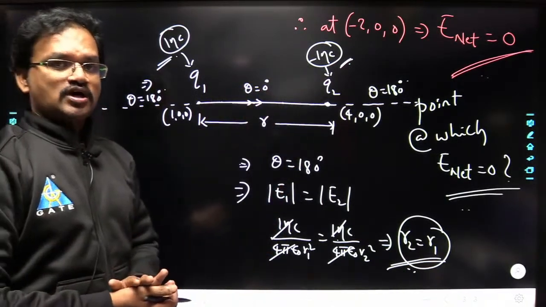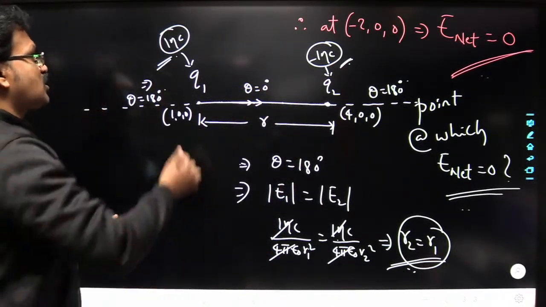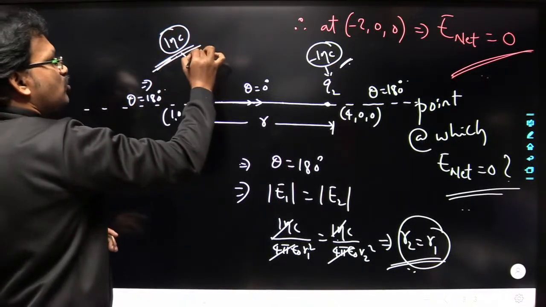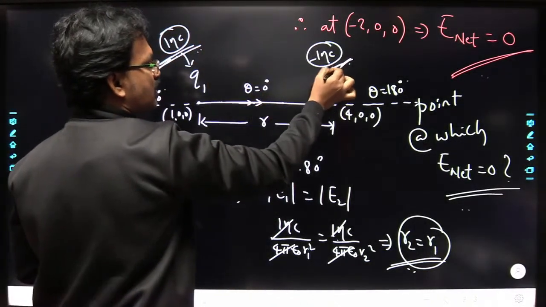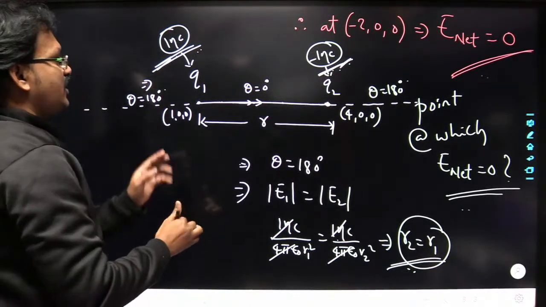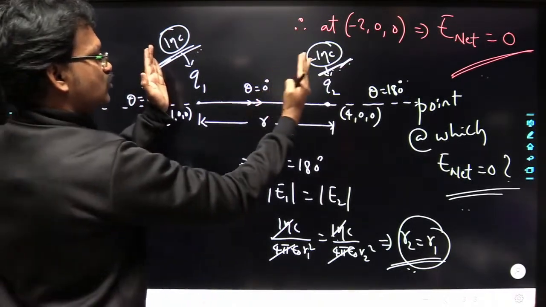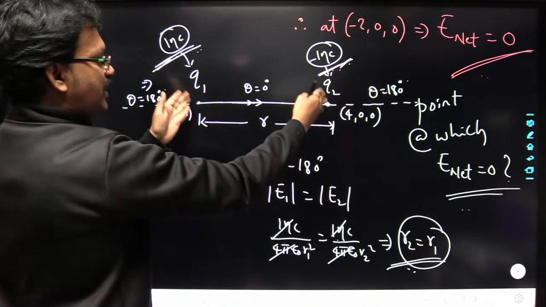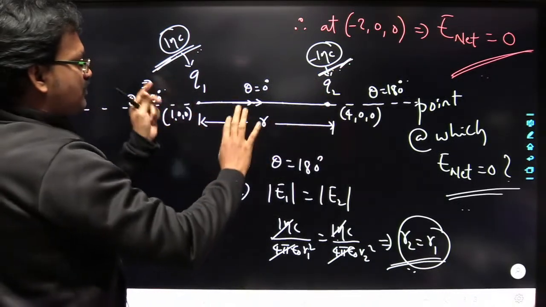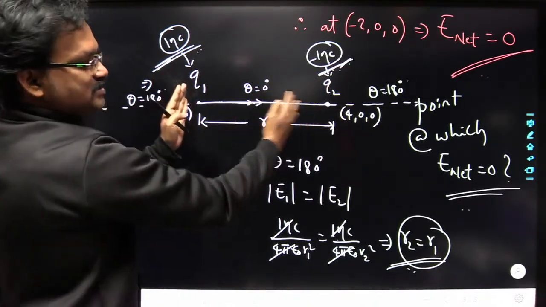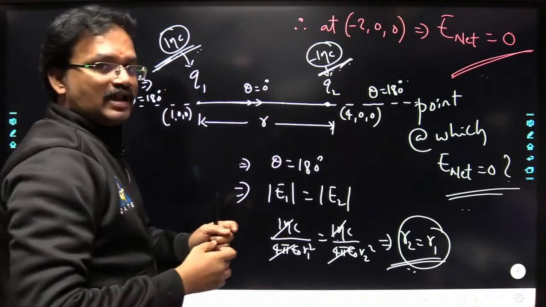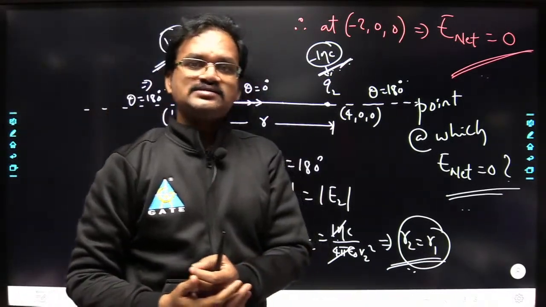So what is this charge configuration? Here you have 1 nanocoulomb and here minus 1 nanocoulomb. It is just like having plus Q and minus Q separated by some distance R, which acts as a dipole.